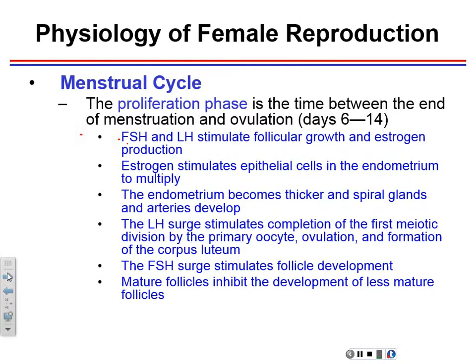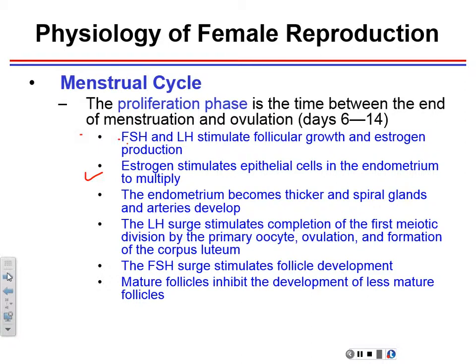So estrogen, what is it doing most of the time? It's proliferating the lining of the endometrium of the uterus. Estrogen stimulates the epithelial cells to proliferate, so you get more layers and more layers and more layers. The endometrium starts to thicken. That's estrogen.